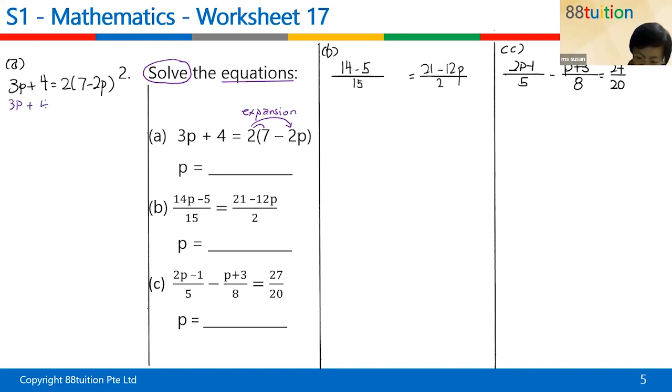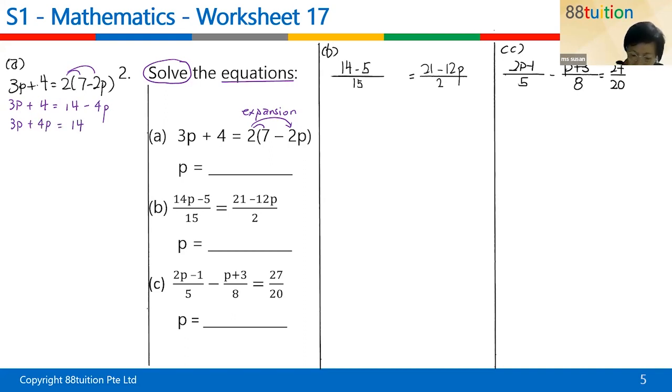So 3p plus 4, and do the expansion. 2 times 7 is 14. 2 times 2p will give you minus 4p. Now you realize that you have this common p here, so I'm going to bring all the unknowns to the left-hand side. To get rid of the minus 4p, I must plus 4p here, and I must plus 4p on the other side too.